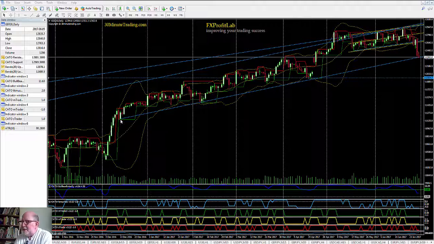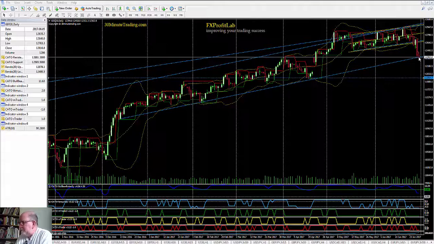These are the support lines that I drew in as well, and you can see that my target was where it is now, so I was expecting it to come down to here. This is the natural next bounce point. This should be a support.